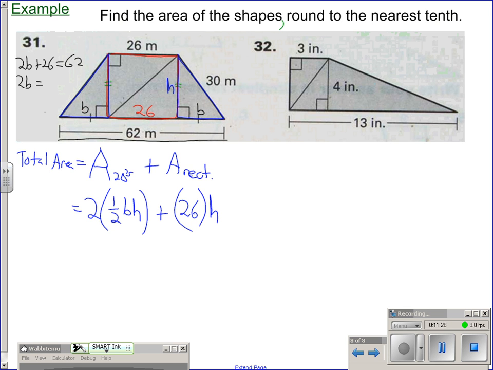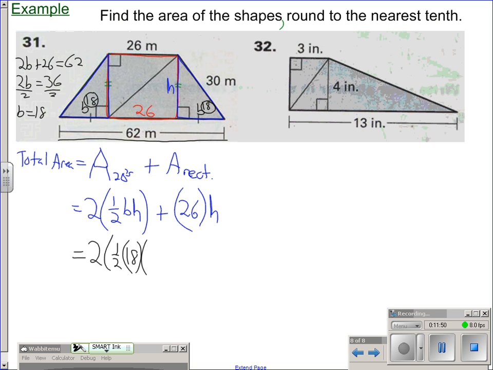So 62 minus 26 is 36, divided by 2. Each of these are 18. Those are the bases. All right, so that gives us something. 2 times 1/2. Our base of those triangles is 18. We're still missing the height.